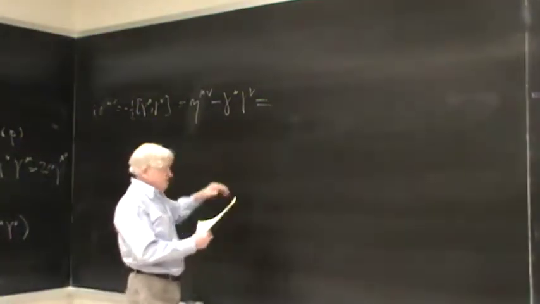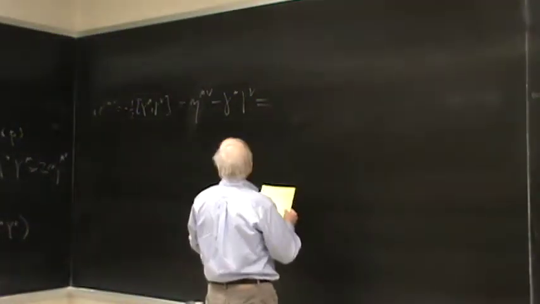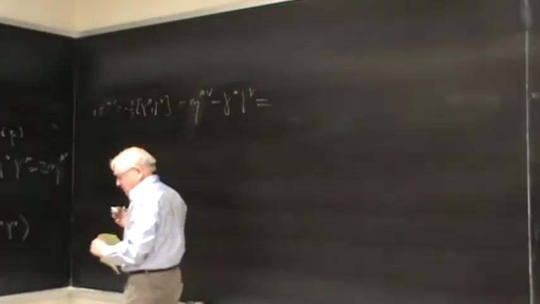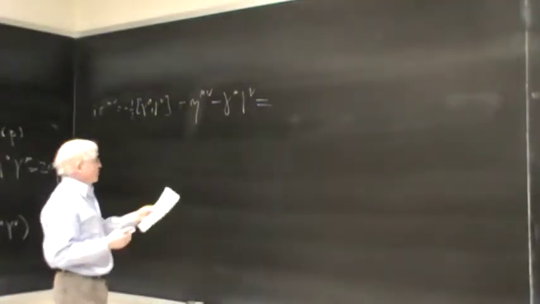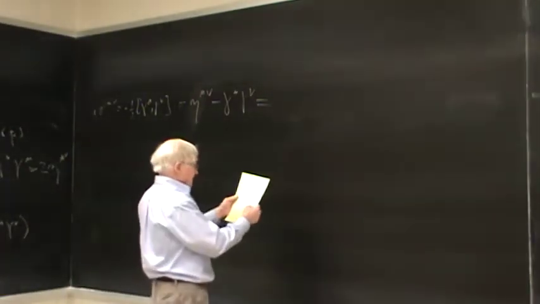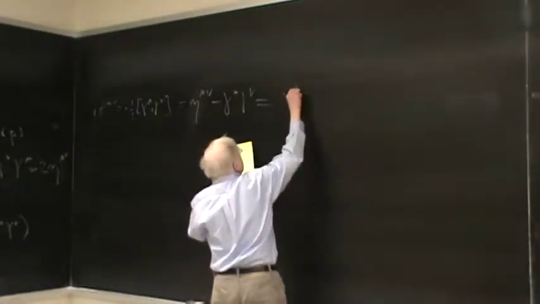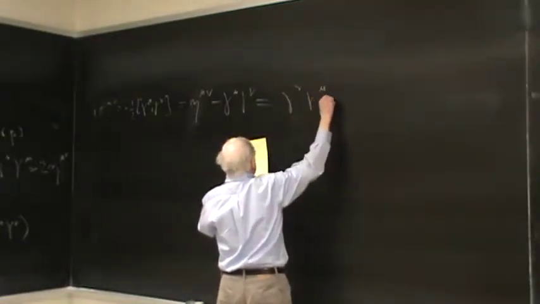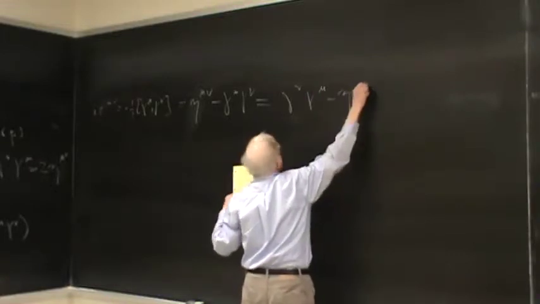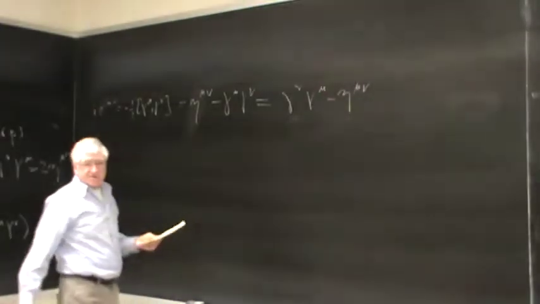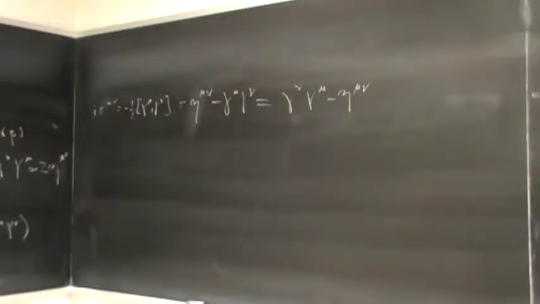So we don't have to do any computation. We just have to realize that if we interchange μ and ν, we get an overall minus sign. And so this is γ^μ γ^ν minus η^μν being symmetric.